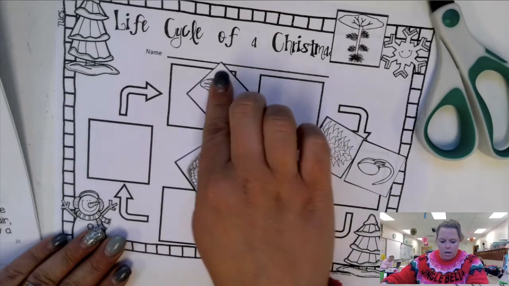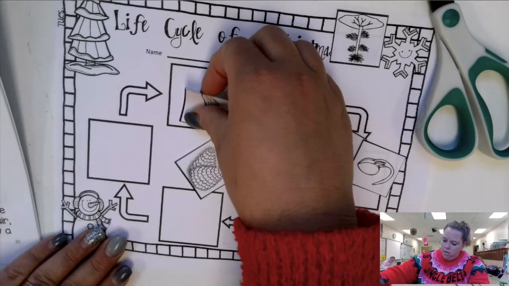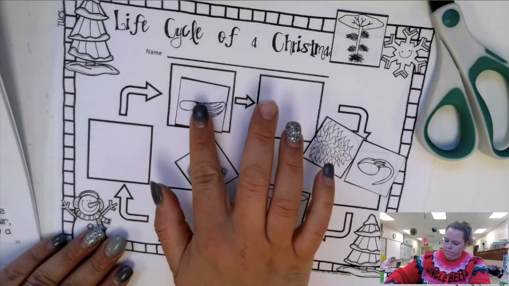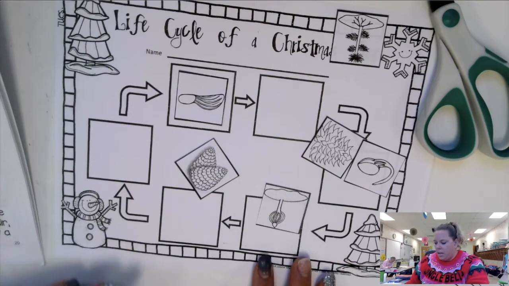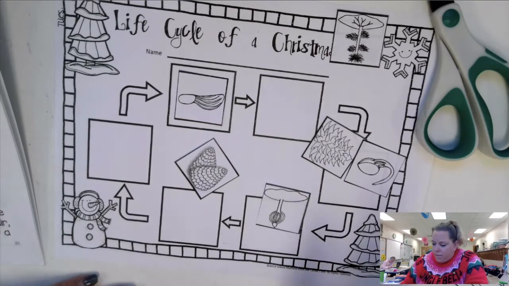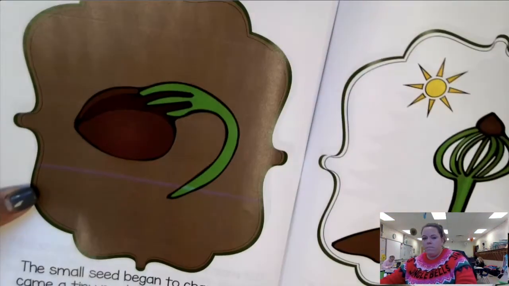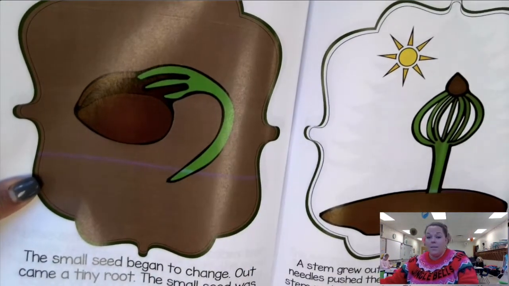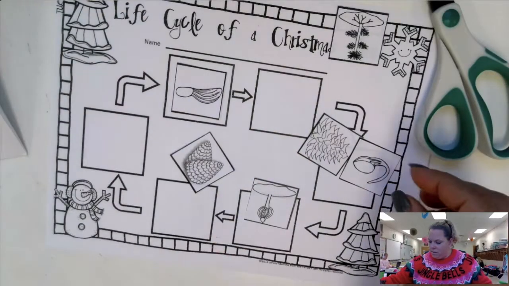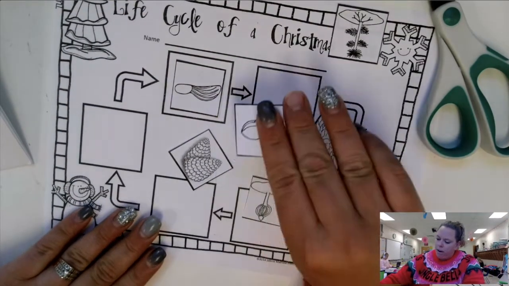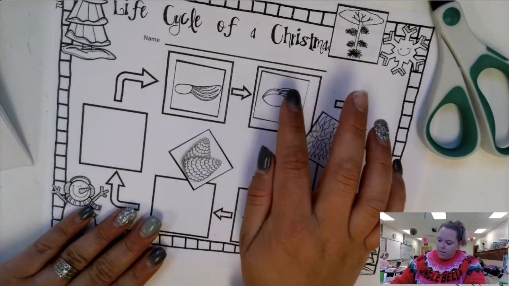So let's start our seed. Let's start it here. Okay, so we'll have our seed. What comes after the seed? After the seed would come the, remember yesterday the word we used? This is the sprout. So go ahead and put the sprout next.